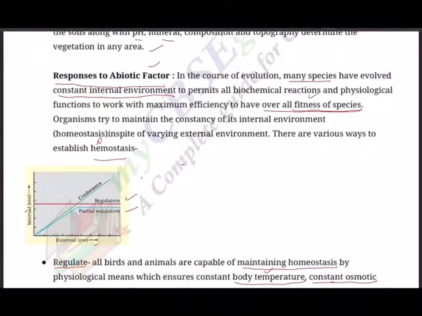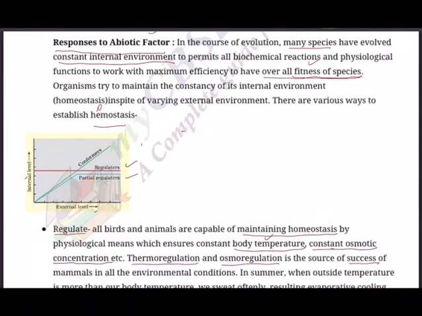What is the aim? To achieve overall fitness of the species. How to achieve it? By undergoing biochemical as well as physiological adaptations to the environment. So organisms try to maintain the constancy of their internal environment, that is homeostasis, in spite of varying external environmental factors. The various ways to establish homeostasis.